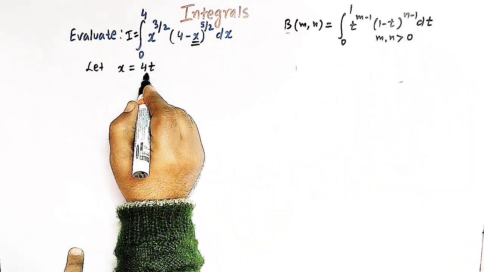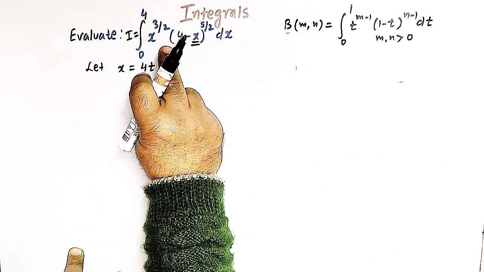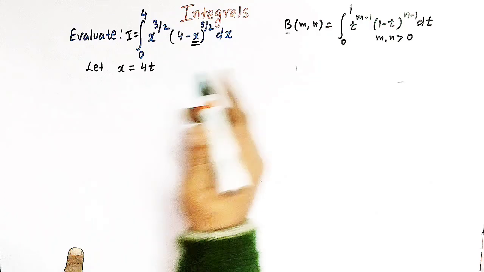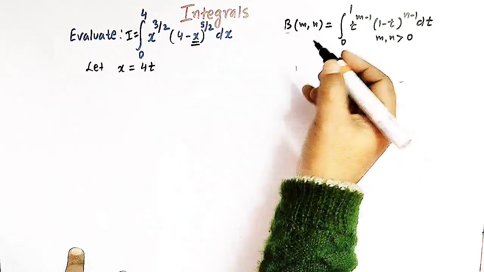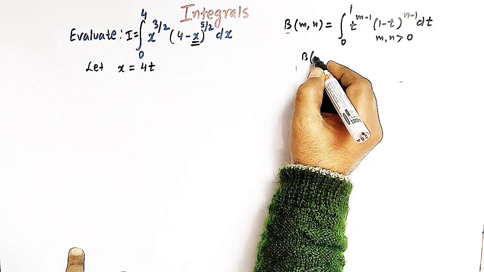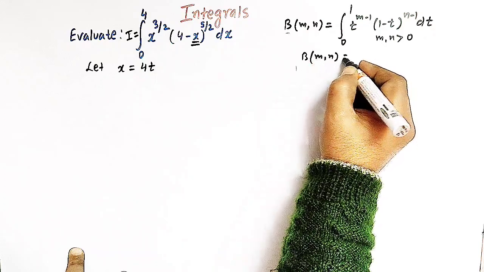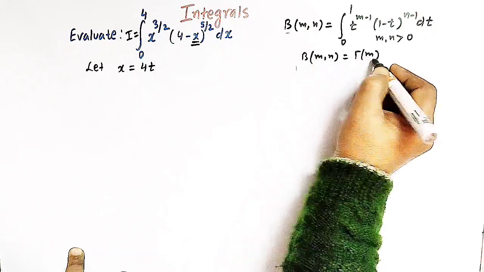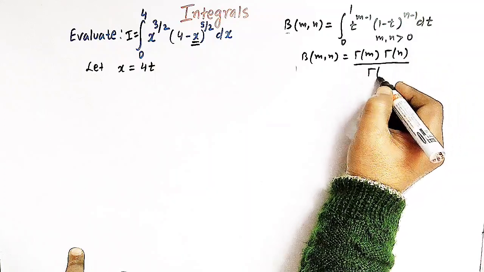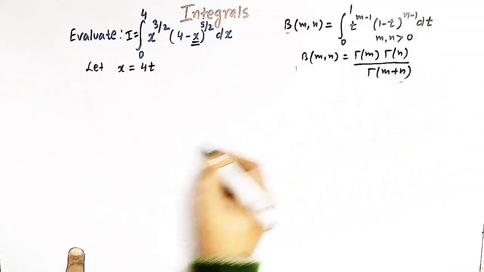So making this substitution, we will first convert this integral into this form, and then we'll apply the relationship between beta and gamma functions, that is beta m comma n is given by gamma m gamma n divided by gamma m plus n, right?